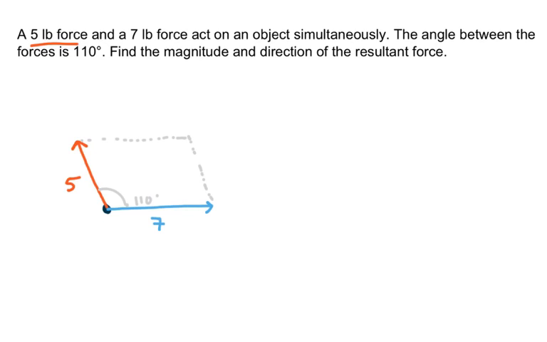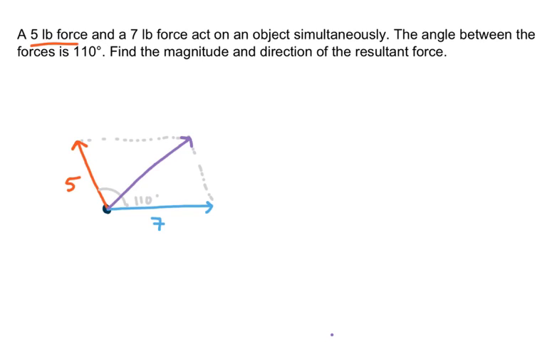So the resultant is going to go from that origin where both of the forces are acting and cross through the diagonal. So this would be 5 plus 7 versus 7 plus 5, and addition is commutative, so we can do it either way. So we want to find the length of that purple vector that I drew, our resultant, as well as the angle it creates with each of these forces.